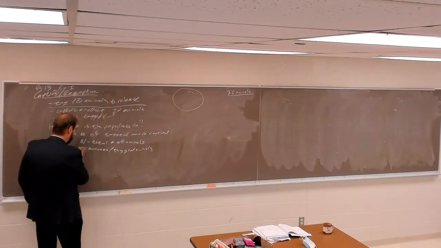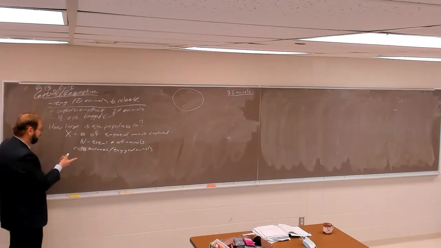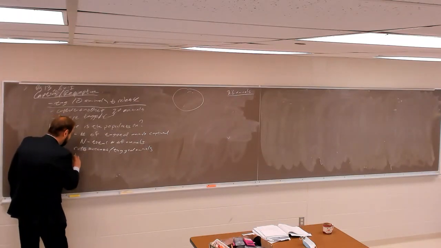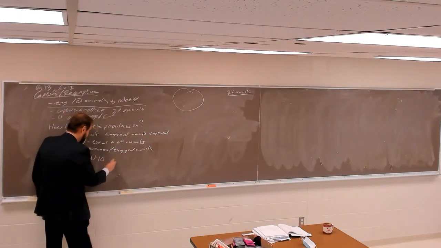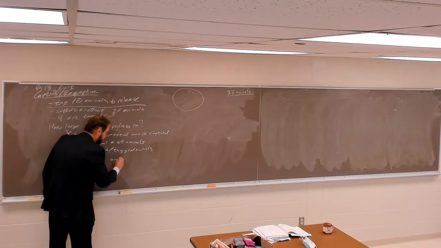And that's 10. I know that, because I tagged them. And N minus R, which would be N minus 10, would be the untagged animals.